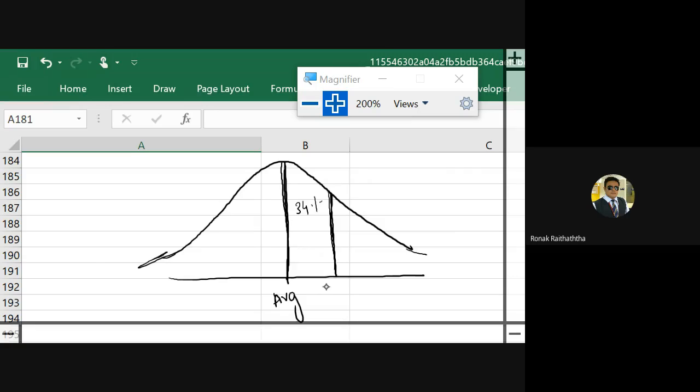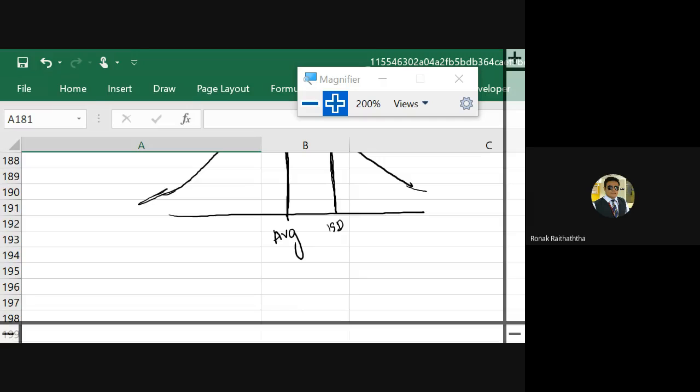This is just one standard deviation from average. So say for example, your average return is 8% and standard deviation is 6%. So on the right hand side, which is the positive side, if you add 6% to 8%, it reaches 14%.